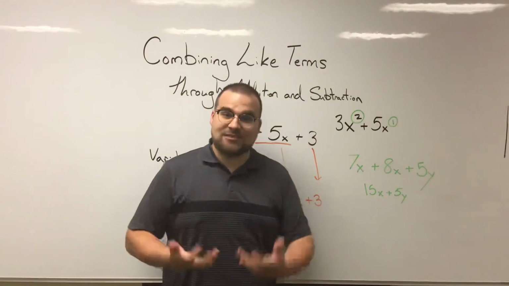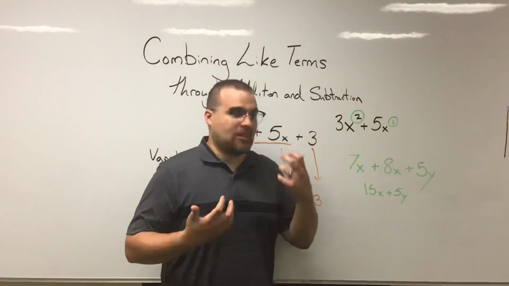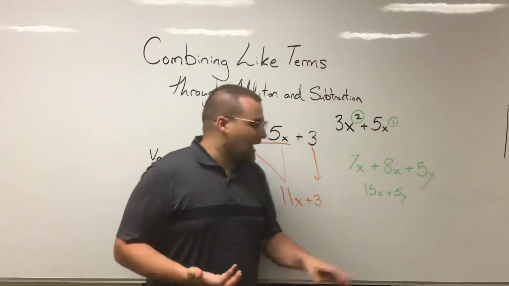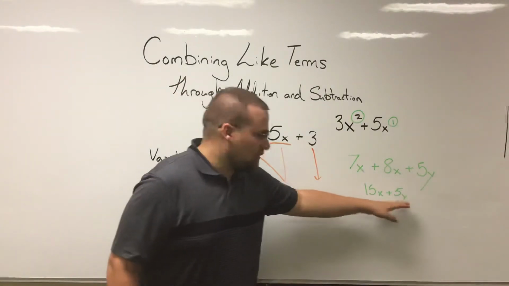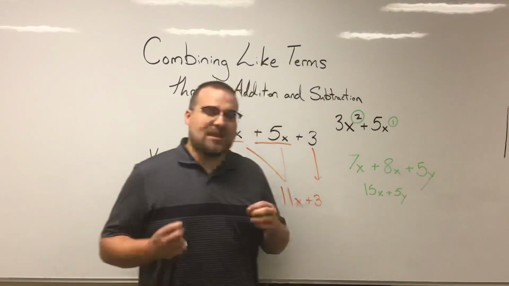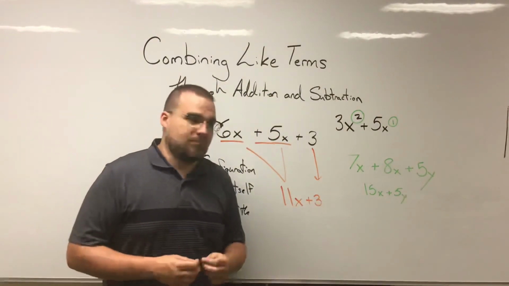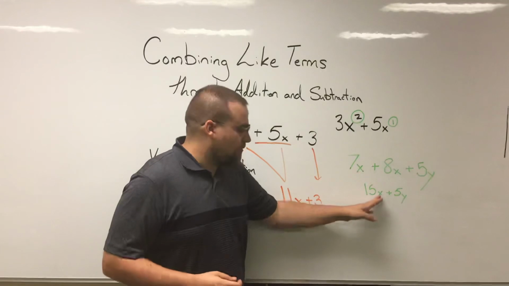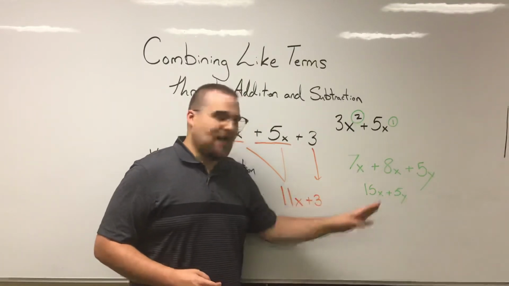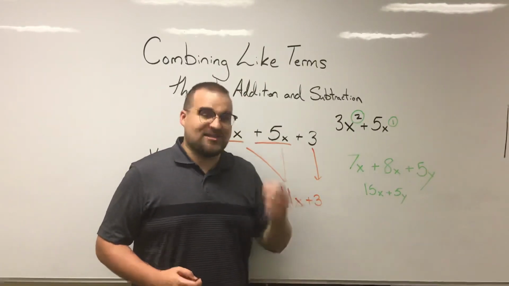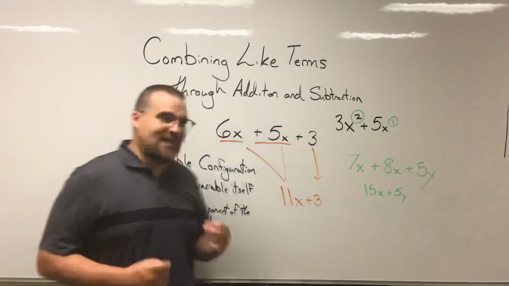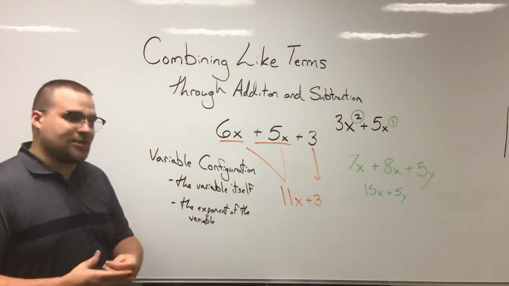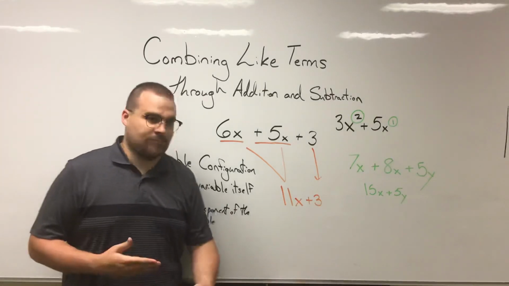We would say that separately. Just verbally, we're going to say that separately. And that's what happens here too. We have 15 x's and 5 y's. We can't combine them because logically, these are 2 entirely separate entities. They're 2 entirely separate variables. They can't combine through addition or subtraction.